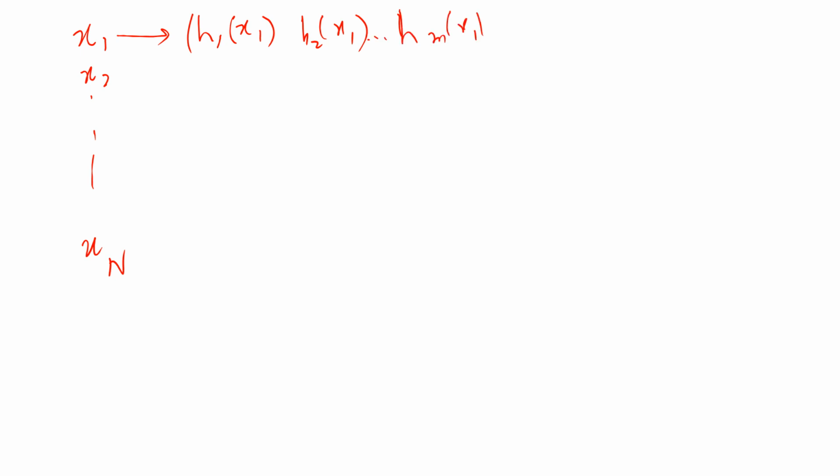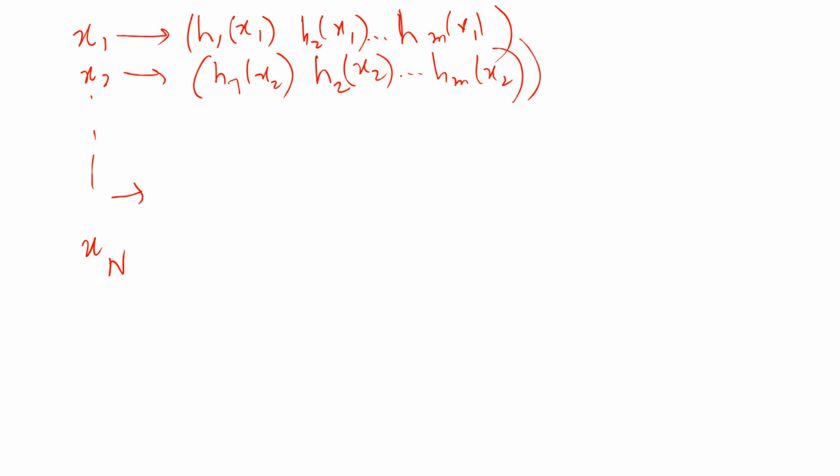So what's happening is my x1, this is my data, and xn, let's have n data points. And so my transformation works something like this. As we wrote in the previous slides, I'm just repeating it: x1 gives h1(x1), h2(x1), and so on, up to hm(x1). Then x2 gives h1(x2), h2(x2), up to hm(x2), and that's it.